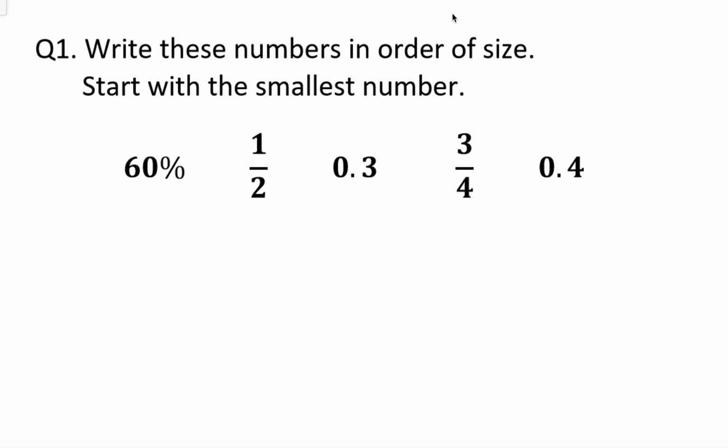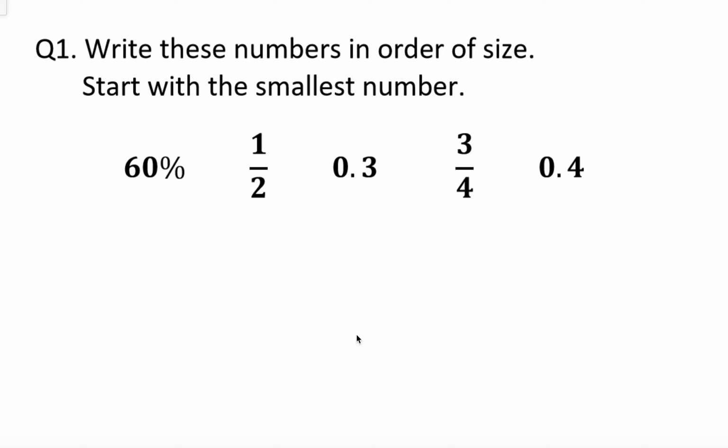And the best choice really is to go for decimals. You could go for fractions or percentage, but I always find that getting the figures into a decimal is probably the easiest way to do this. So two of them are already in decimals, which is 0.3 and 0.4.